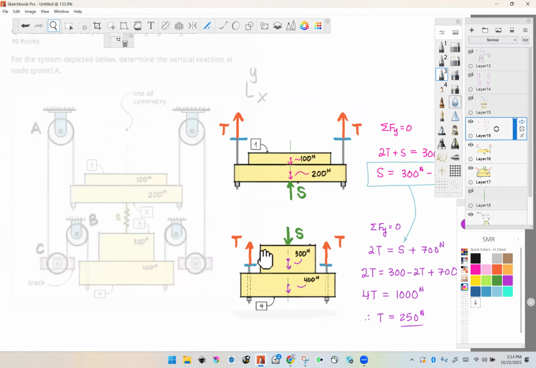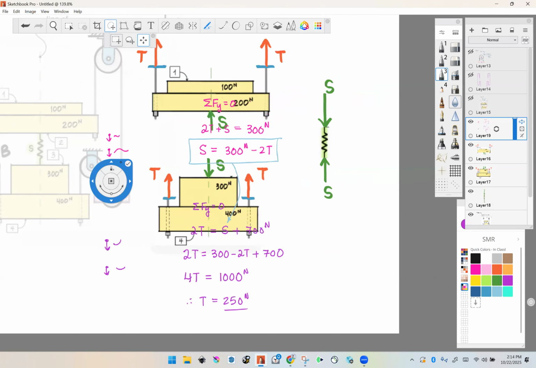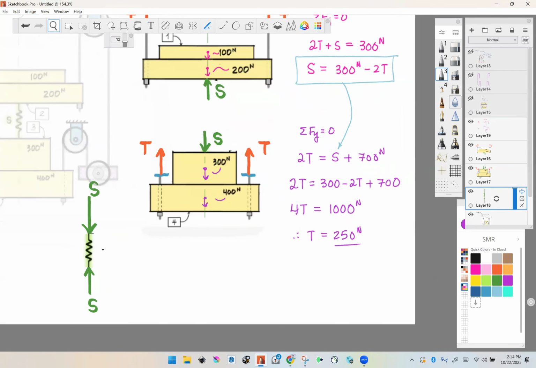Now, this particular problem didn't ask us to solve for the spring force, but let's pretend that it did. We assumed compression.